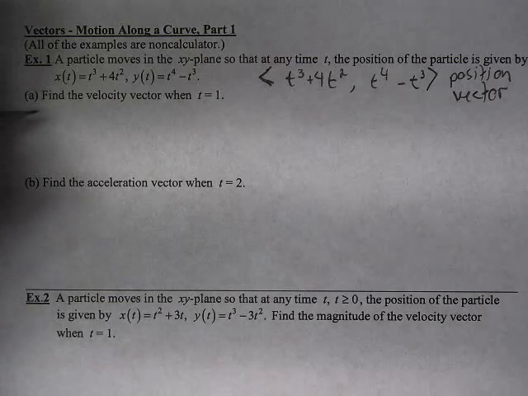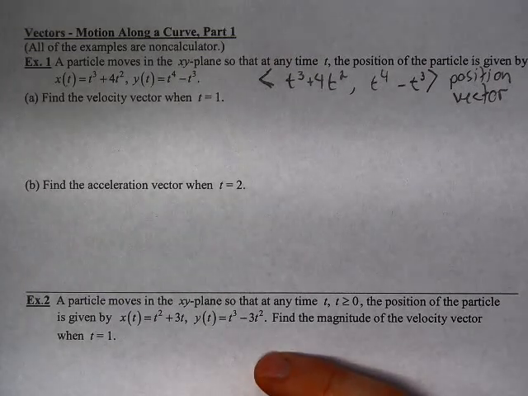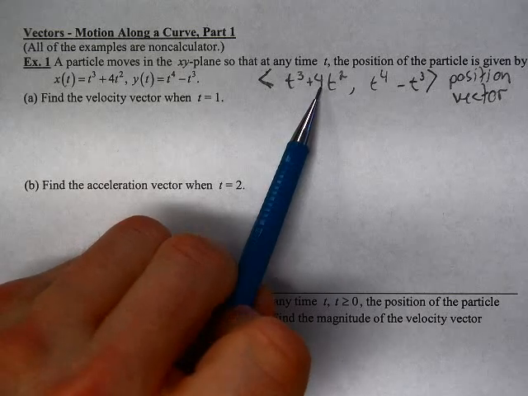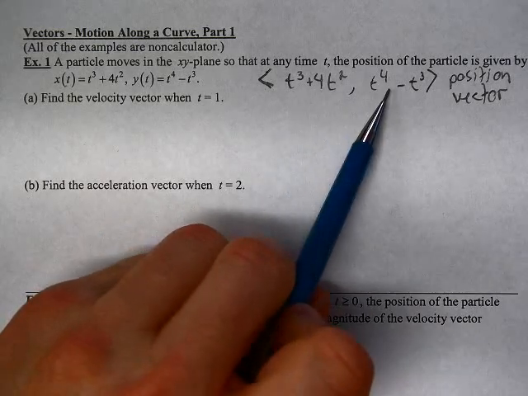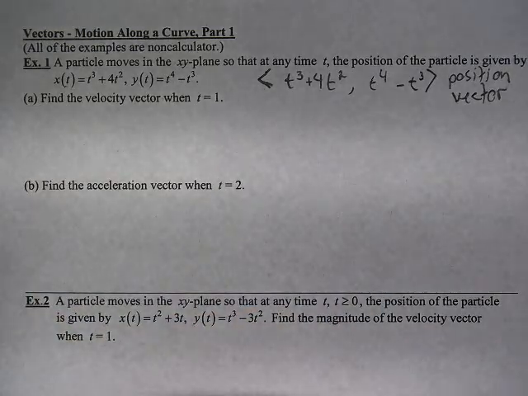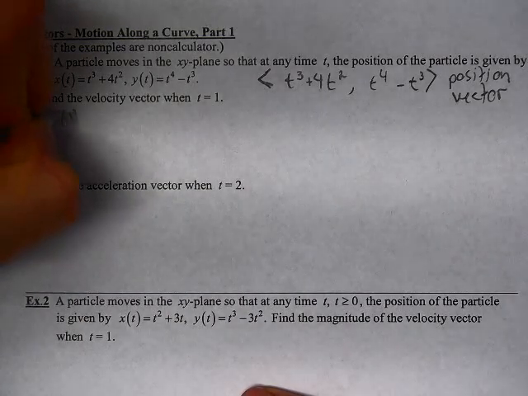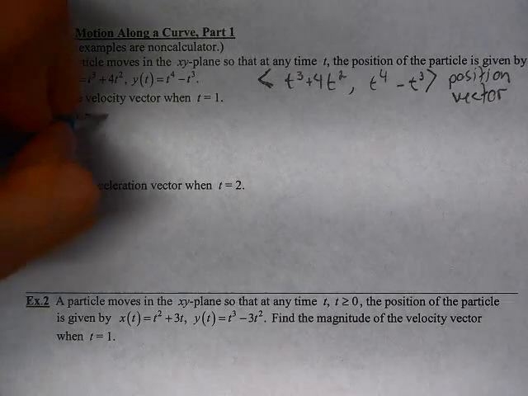Alright, so it asks us to find the velocity vector when t is equal to 1. So really all we do is we take the derivative of the x position and the derivative of the y position, and then we plug in 1. There's nothing really difficult about this. It's really a notation thing.